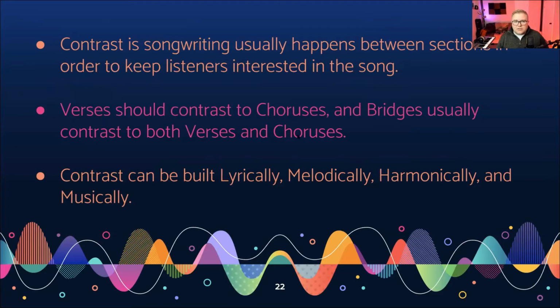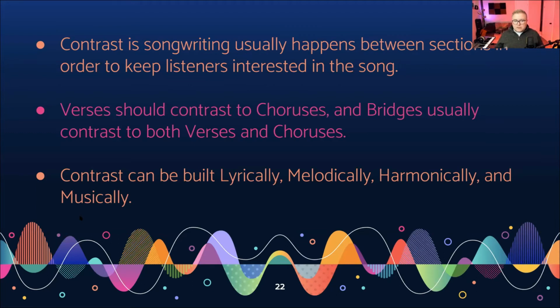So contrast usually happens between sections in order to keep your listeners interested in your song. This means verses should contrast to choruses, and bridges usually contrast to both your verses and choruses. And contrast can be built lyrically, melodically, harmonically, and in groove and musically as well.